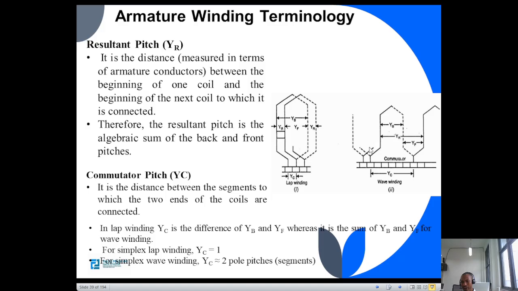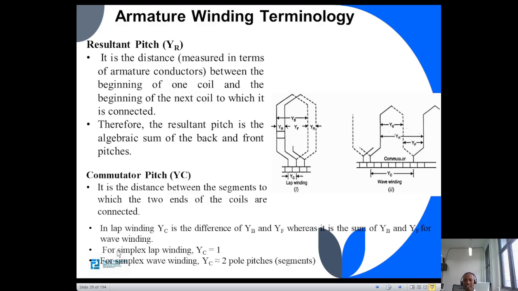When you come to the wave winding, the coil starts here and ends here, and the distance between this and this we call the commutator pitch.